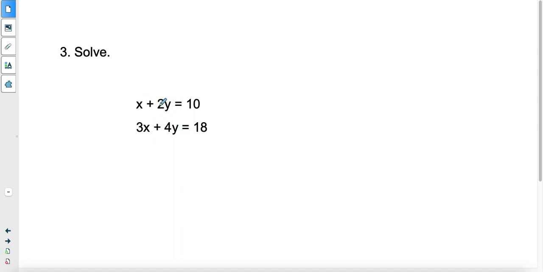Right here, I do not have x or y by itself yet. So I need to do that first so that I can plug that in to the other equation in order to solve.